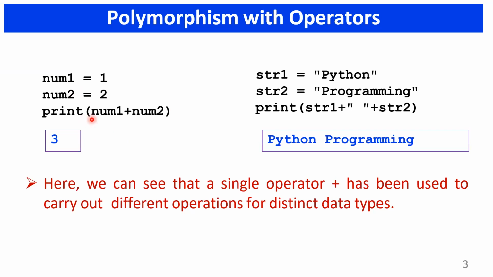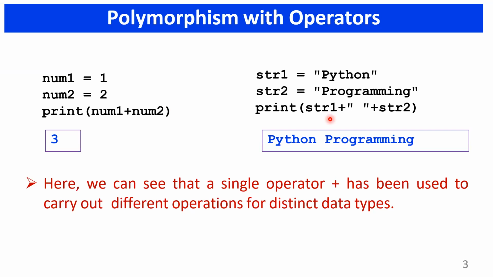Consider an example where there are two variables, num1 and num2, which are initialized to the values 1 and 2. If we perform num1 plus num2, it is going to perform the arithmetic addition. So the result is 3.